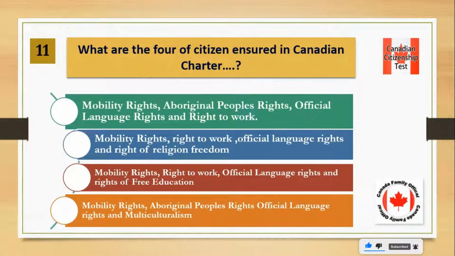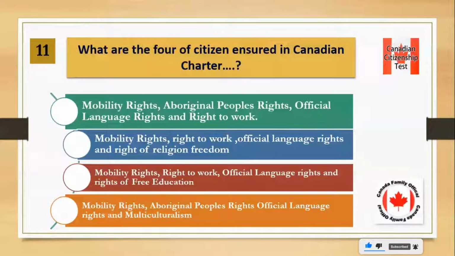What are the four rights of citizens ensured in the Canadian Charter? Number 1, mobility rights, Aboriginal people's rights, official language rights, and right to work. Number 2, mobility rights, right to work, official language rights, and right of religious freedom.